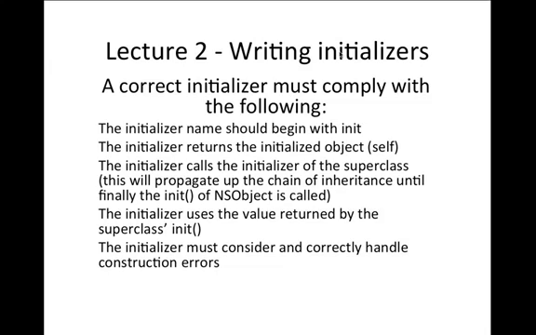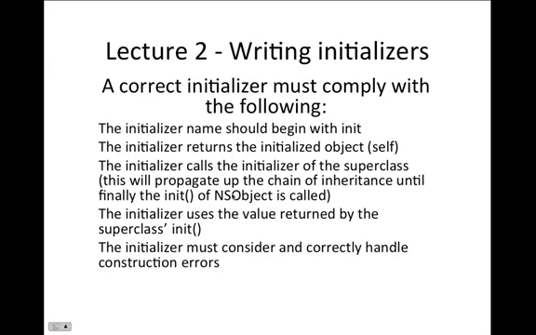So it's very similar to Android, actually. This will propagate up the chain of inheritance until we finally get to the initializer of NSObject. Because if you remember, even with the first object that we created, as we saw last week, we inherit from NSObject, which is the highest object in the hierarchy.